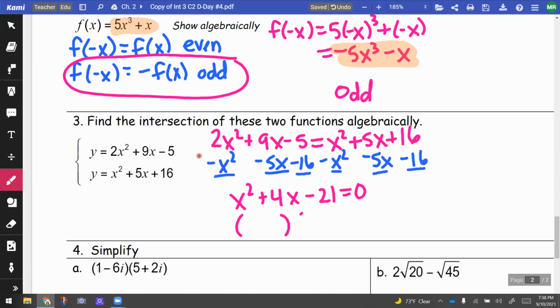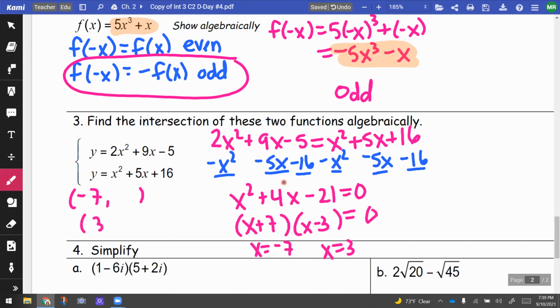And I'm going to factor this. So I asked myself, what multiplies to my negative 21 and adds to 4? Well, that's going to be an x plus 7 and an x minus 3. So I'm going to get a negative 7 as one x and a 3 for the other x. So I know I'm going to have -7 comma something and 3 comma something. And so I'm going to put that in.